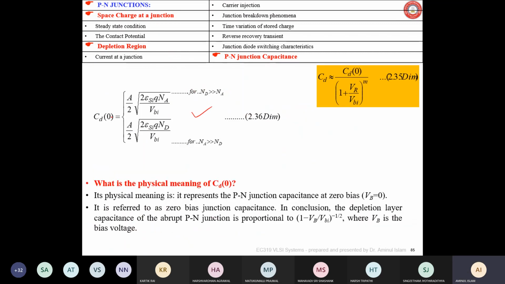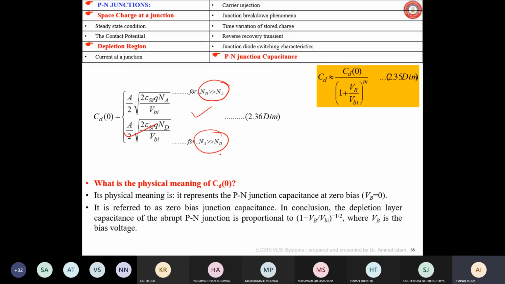Now CD0 can be written as A by 2 into square root of 2 epsilon si q Na by Vbi for Nd much greater than Na, and this one for Na much greater than Nd. This all was discussed earlier in 3rd semester.